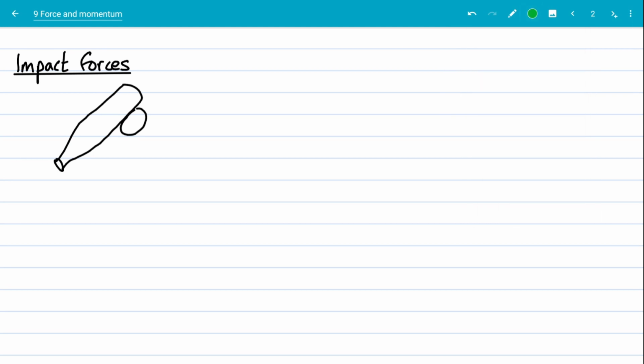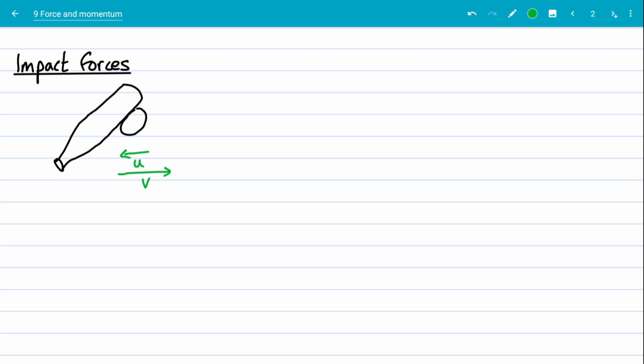Now, if we look at the ball, the initial velocity of the ball may well be in this direction. And the final velocity of the ball may well be in the right-hand direction, and maybe even be bigger than the initial velocity in terms of magnitude. So that's fine.